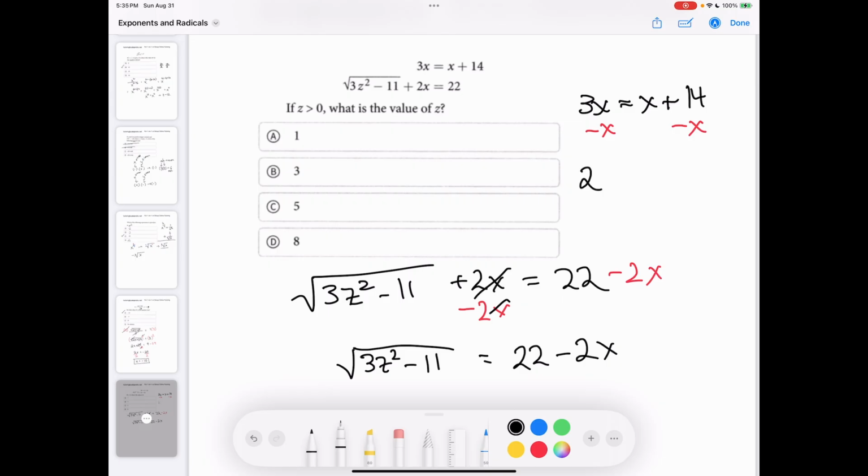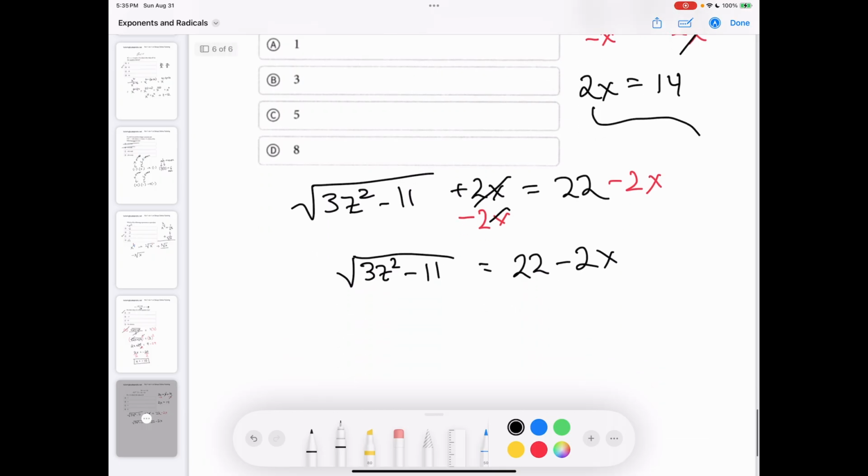That leaves me with 2x on the left equals, the x's on the right cancel out, and I'm left with 14. So I know that 2x equals 14. And just as a coincidence, I actually have 2x in the second equation. So I don't even need to isolate further. I can just substitute the 14.